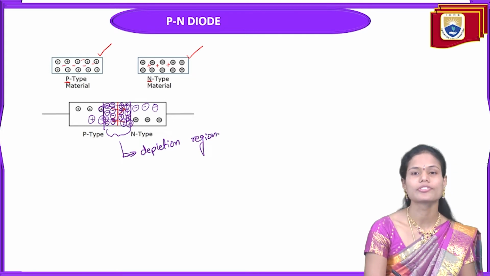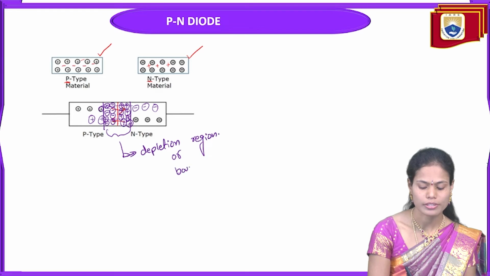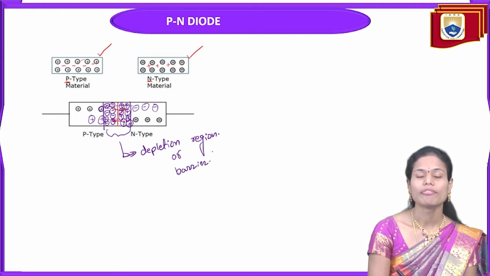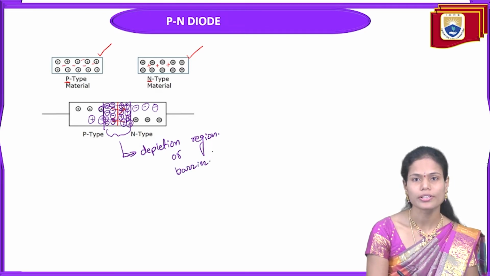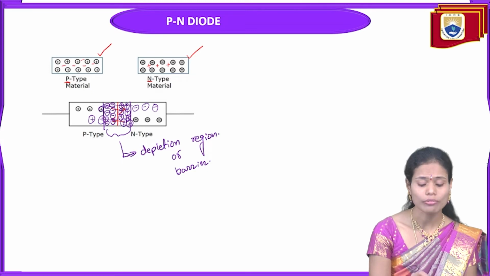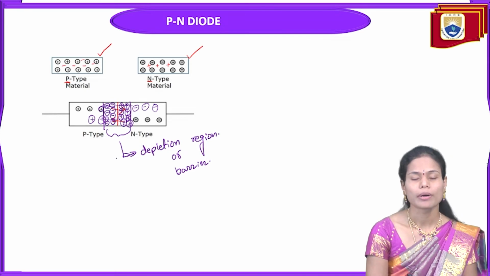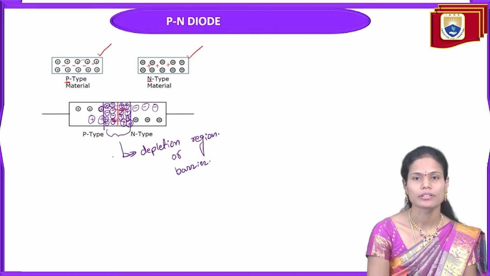Okay, this particular region only we are calling the depletion region, or also the barrier. Why are we calling it the barrier here? Once the positive and negative immobile ions are formed near the junction, no electrons will diffuse towards the p side and no holes will diffuse towards the n side because of the positive and negative immobile ions present across the junction.